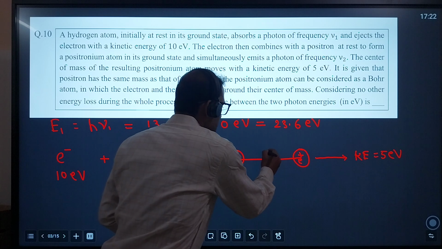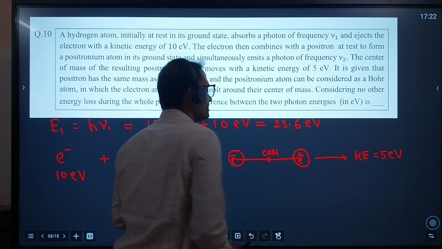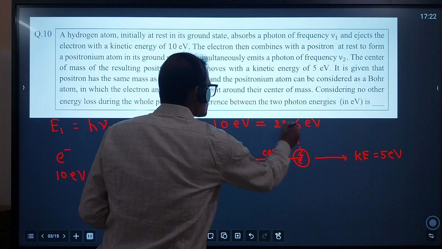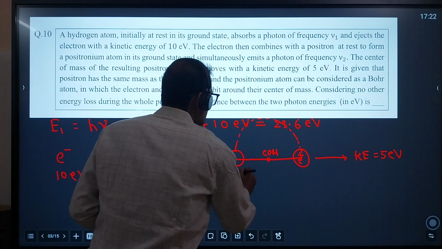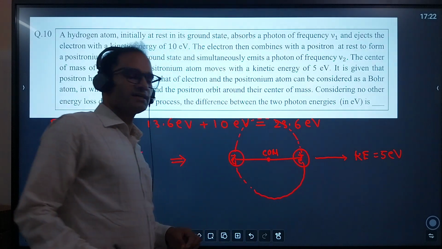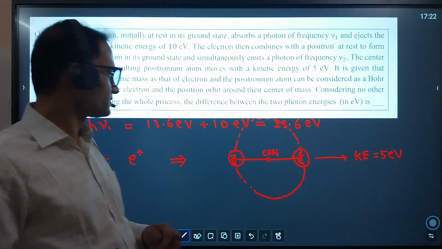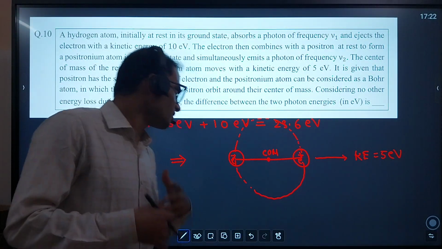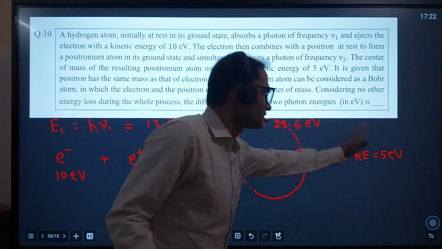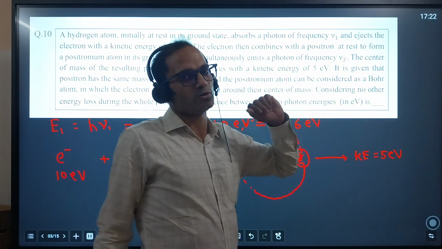So this is our center of mass, and this is rotating like this, and the electron is rotating like this. They are both orbiting around their common center of mass, and the center of mass is moving with 5 electron volt.